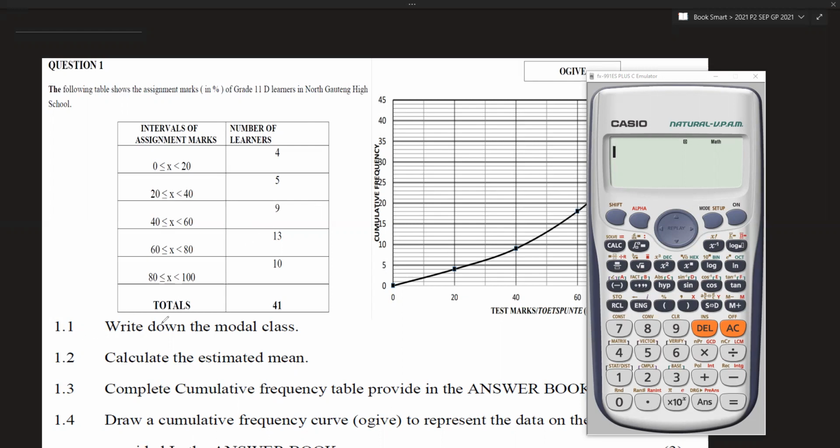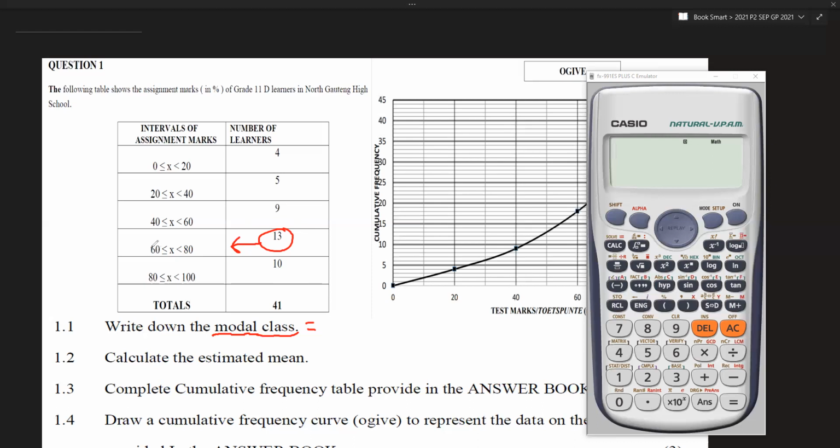On 1.1, they want us to determine the modal class. The modal class is simple, né? It is the class which corresponds with the highest frequency. So in this case, the modal class will be this one because 13 is the highest frequency as compared to the others, right?